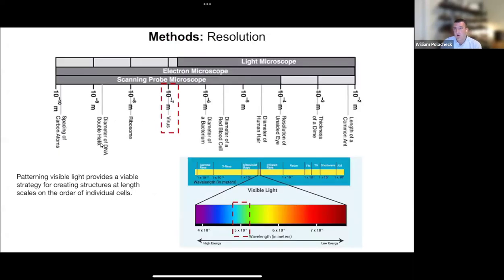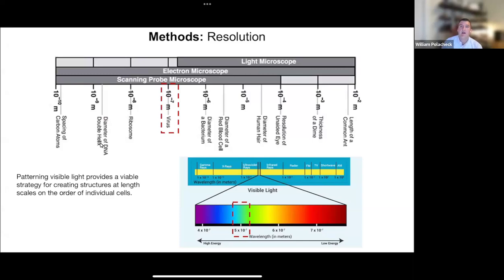The reason that this approach of using light to pattern a material is quite helpful for biological applications is that visible light wavelengths are similar in length scales to a virus, or smaller than most mammalian cell structures. So if we can pattern light, then we can achieve very high resolutions, things much smaller than cells or other biological materials.